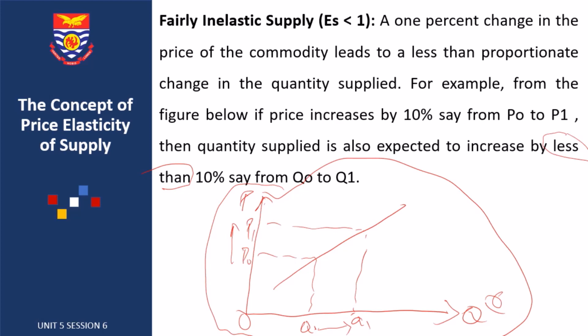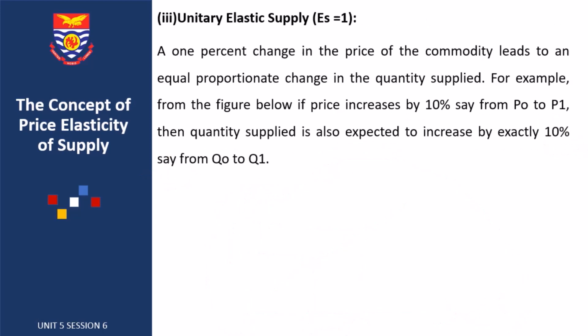We'll move to unitary elastic supply. For unitary elastic supply, the coefficient is equal to exactly 1. Here, a 1% change in the price of the commodity leads to an equal proportionate change in the quantity supplied.